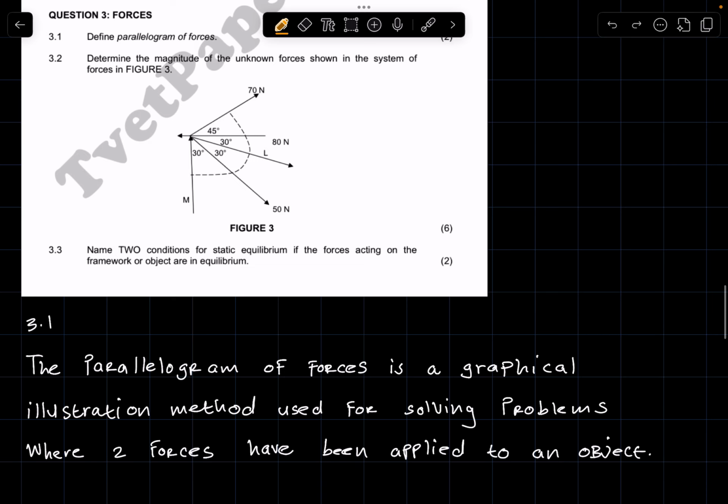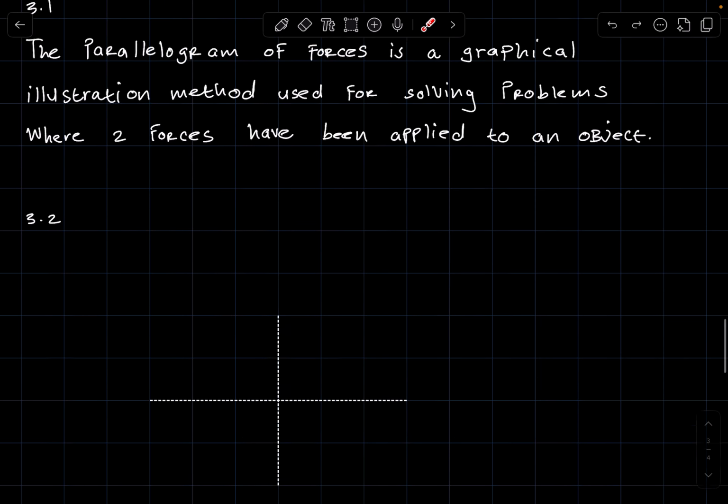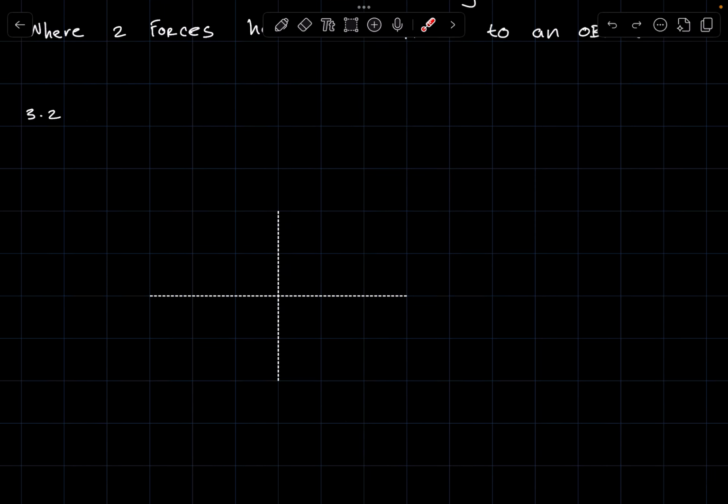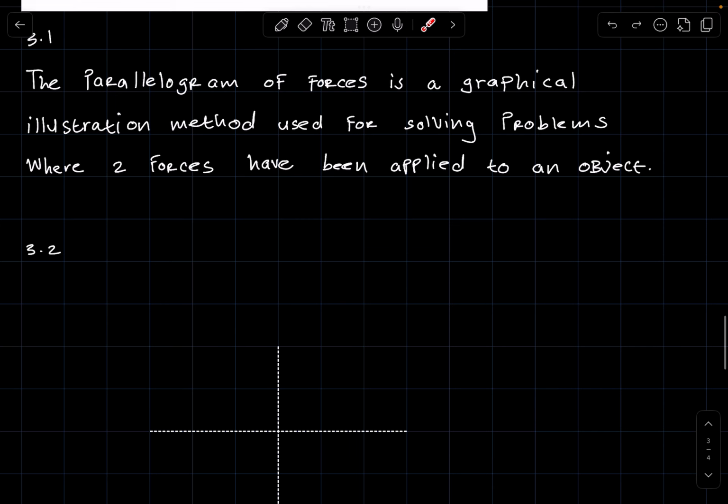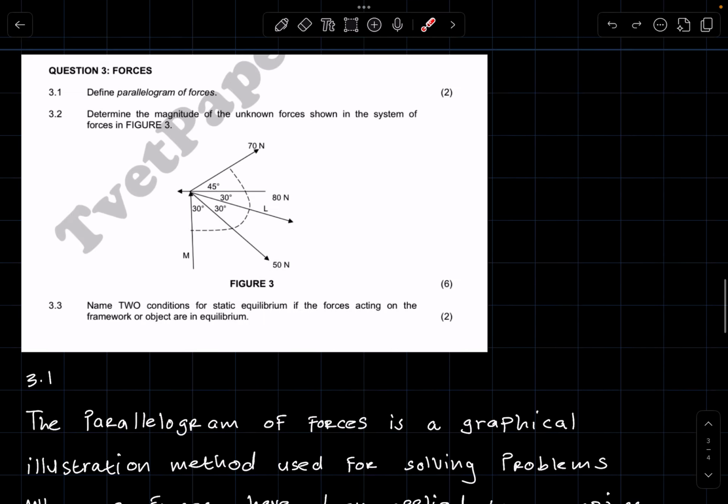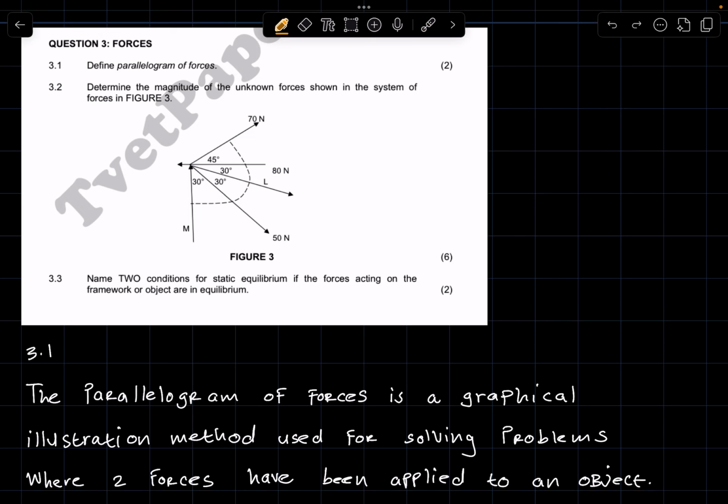Say this is on your question paper, you can simply do this quickly. What I'm about to do is redraw the vectors on the Cartesian plane, so that we're able to resolve them into their components.